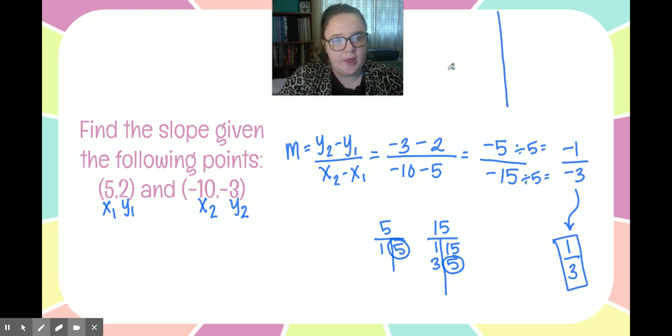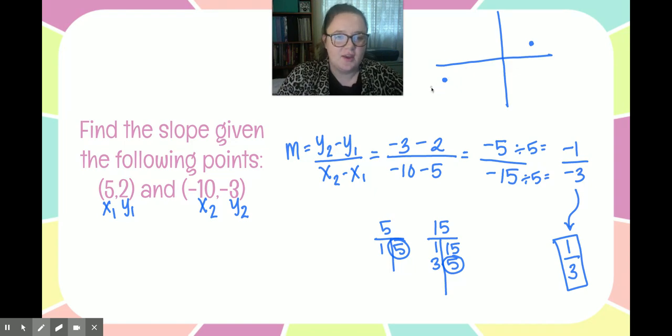If I wanted to draw a quick sketch of this and I graph these points, it's just estimates: 5, 2. Means I'm going to go over 5 and up 2. The second point is negative 10, negative 3. So I go over negative 10 and down to negative 3. Look at that. I made 2 points.